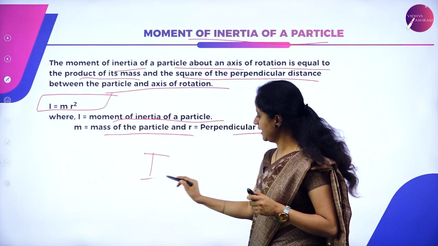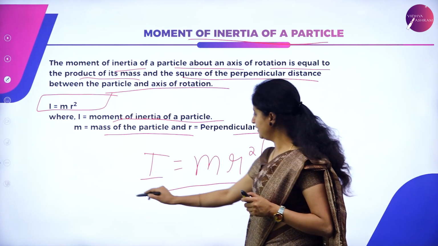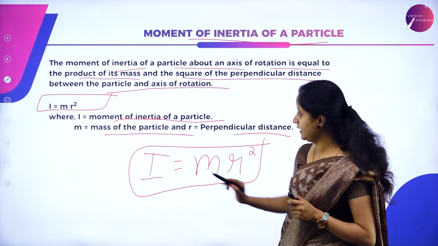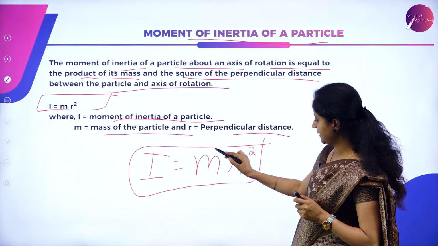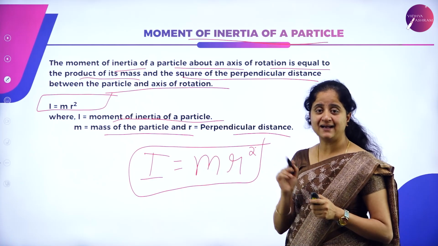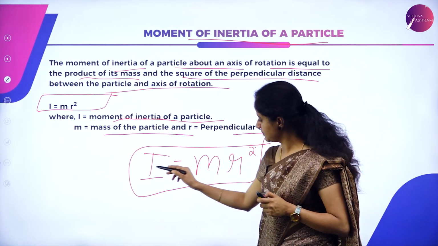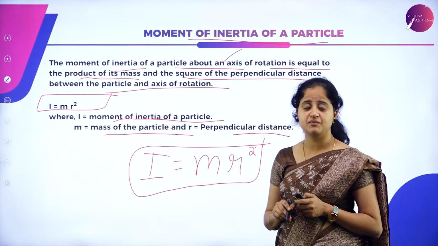So it is given by I is equal to mr square. Moment of inertia of any body is equal to the product of mass of that body and the square of the perpendicular distance between the body and the axis of rotation. By just remembering the expression I is equal to mr square, we can explain what is moment of inertia of a particle.